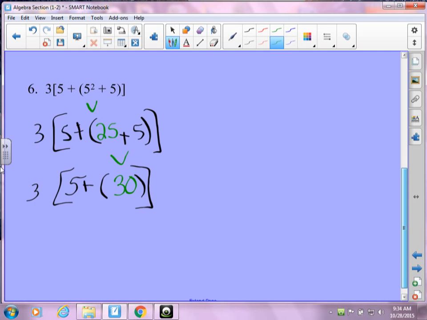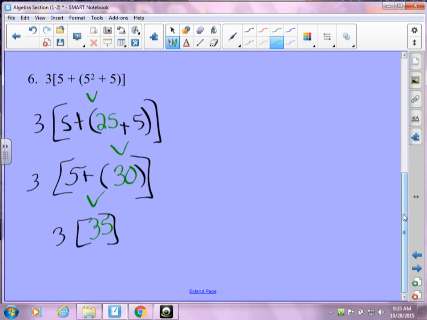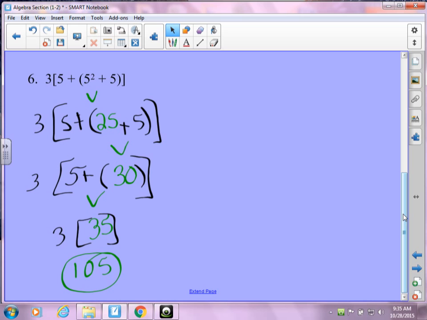Okay, now, do I have parentheses? Still do. So I'm going to add. I get 35. Does my bracket serve a purpose? It does, doesn't it? What does the number and the bracket do? It is multiplied. And so if I multiply together, what do I get? 105. 105. And I circle my answer. Questions?